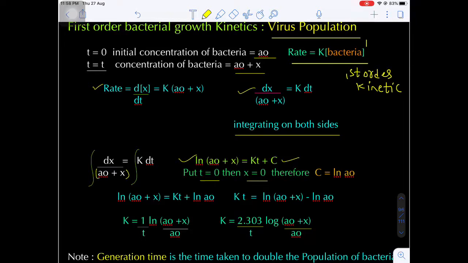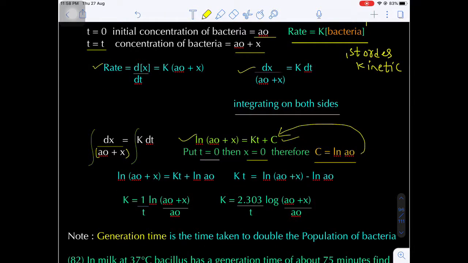It is 0. So by replacing t equals 0 and x equals 0 in the above expression, you will get the c value, that will be ln A0. By replacing the c value, you will get ln (A0 plus x) is equal to kt plus ln A0. So ln (A0 plus x) minus ln A0 equals k times t.